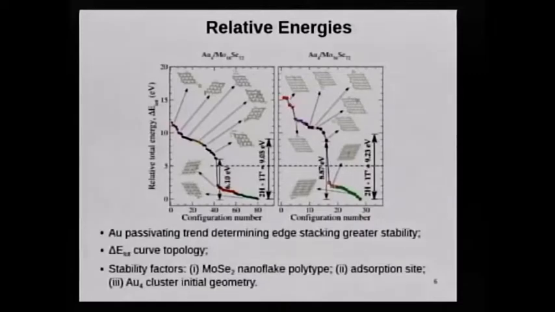And we can see that the most notable thing is that there is an energy gap here, and the most stable systems are composed exclusively of 1T prime nanoflakes.